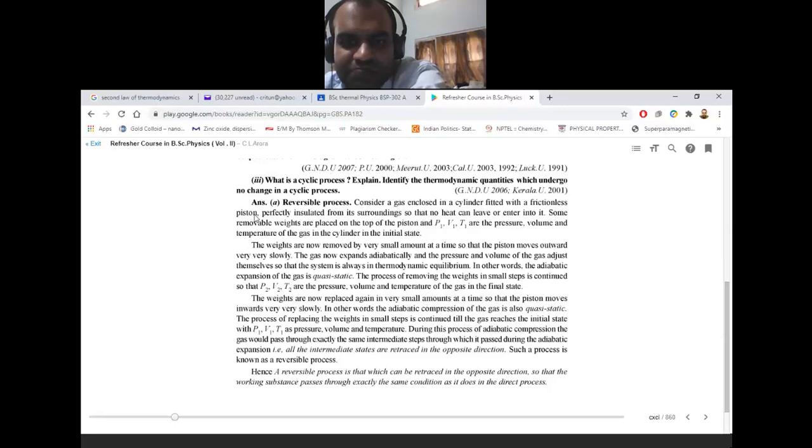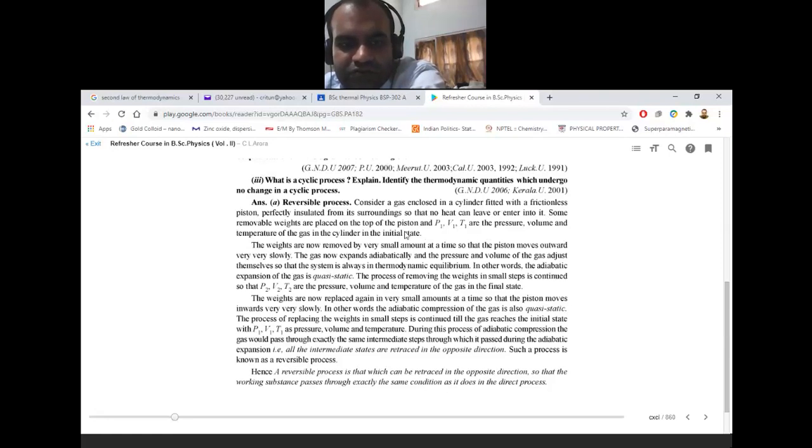Therefore it is assumed that the piston itself is frictionless, perfectly insulated from its surroundings so that no heat can leave or enter it. The gas is kept in a cylinder and insulated from its surroundings.